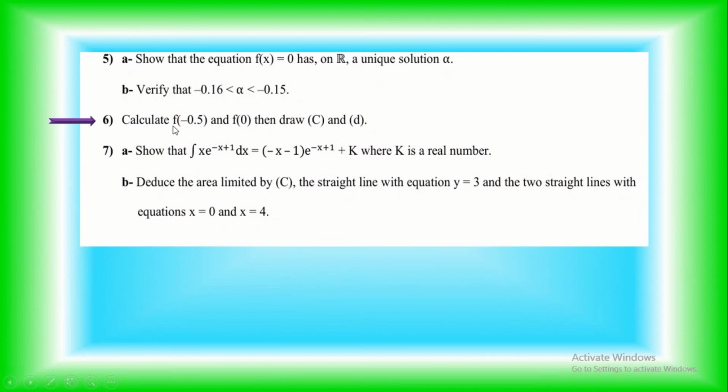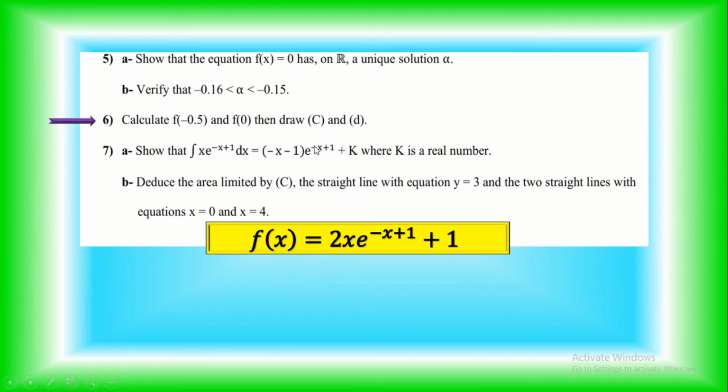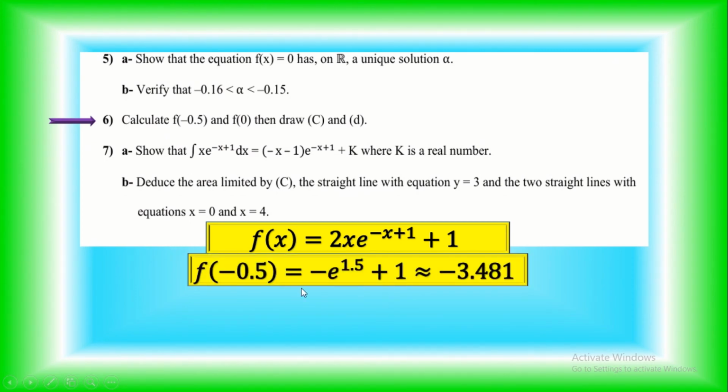Now calculate f of minus 0.5 and f of 0, then draw C and D. f of x equals 2x exponential minus x plus 1, all plus 1. Now let's calculate f of minus 0.5, which is minus 2 times 0.5, which is minus 1, times exponential of 0.5 plus 1, it will be 1.5, all plus 1, approximately minus 3.481.